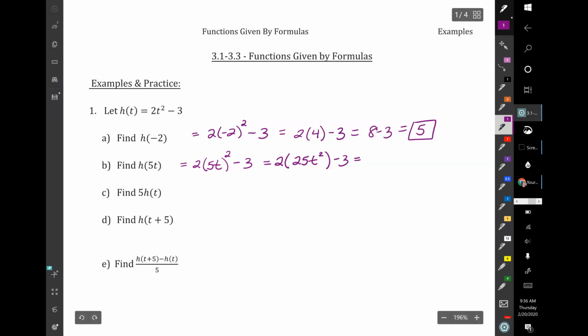Now we can distribute, or not, we're not distributing. We don't distribute over multiplication, we're just multiplying these two numbers, 2 times 25. Be careful not to double dip. Like we wouldn't go 2 times 25 and then 2 times t squared. We don't distribute over multiplication, although we sometimes might say that in slang.